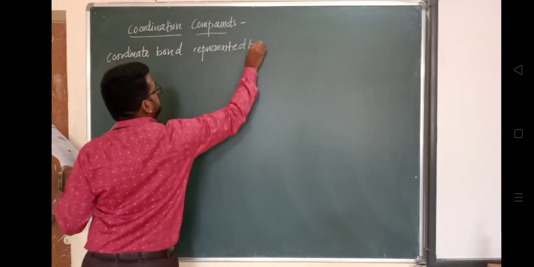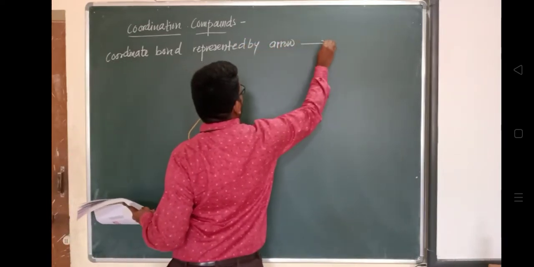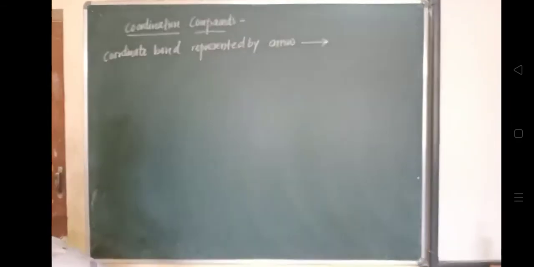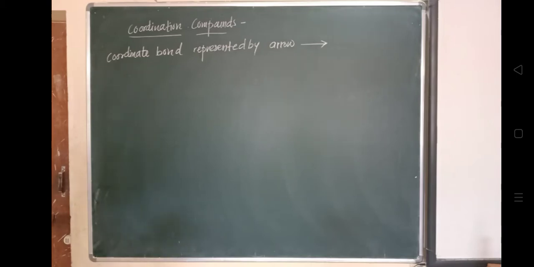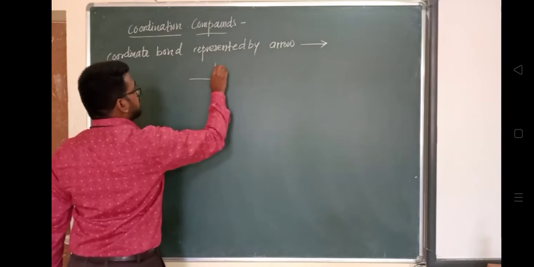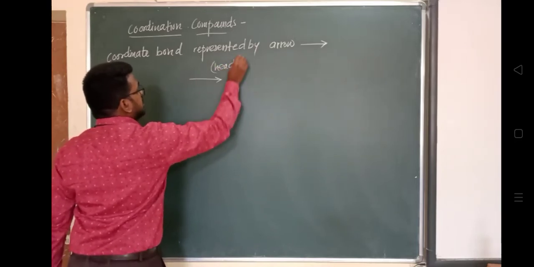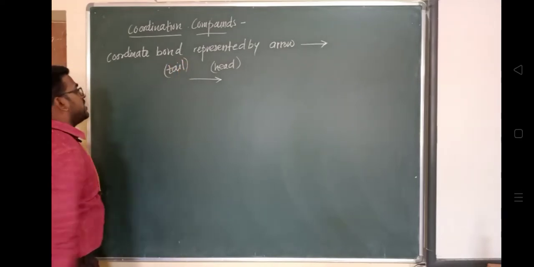Now when we draw this arrow, the arrow head points to the electron acceptor. This is the head of the arrow and this is the tail.